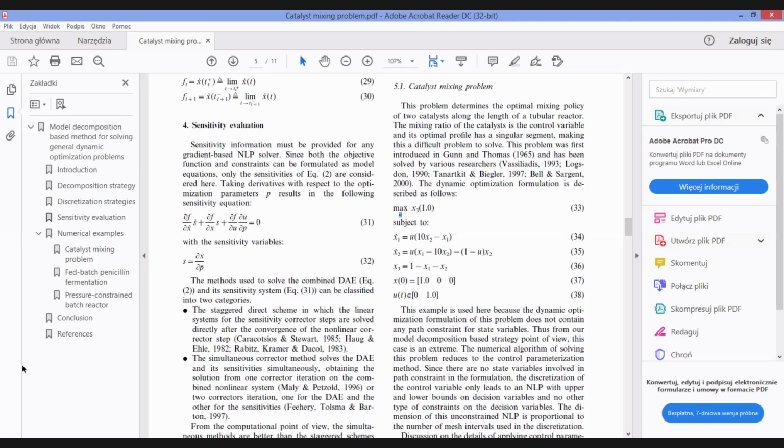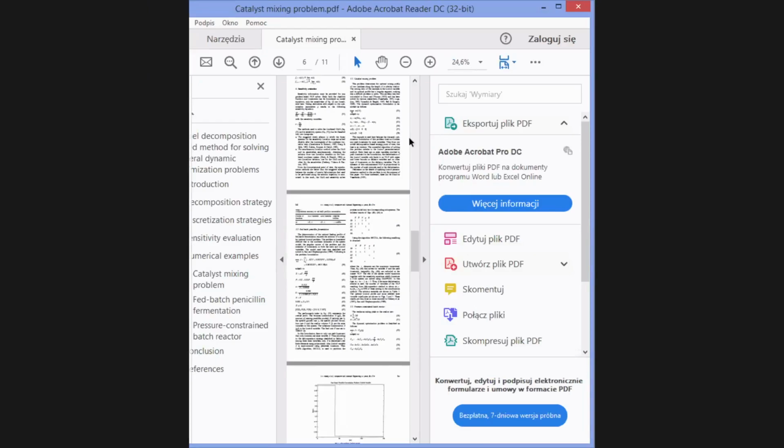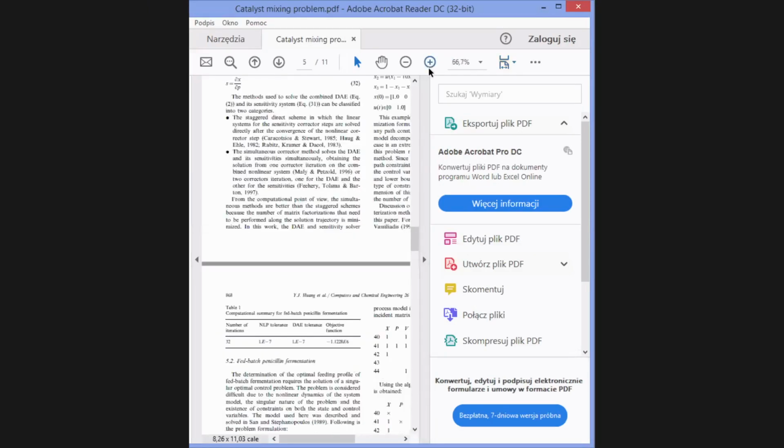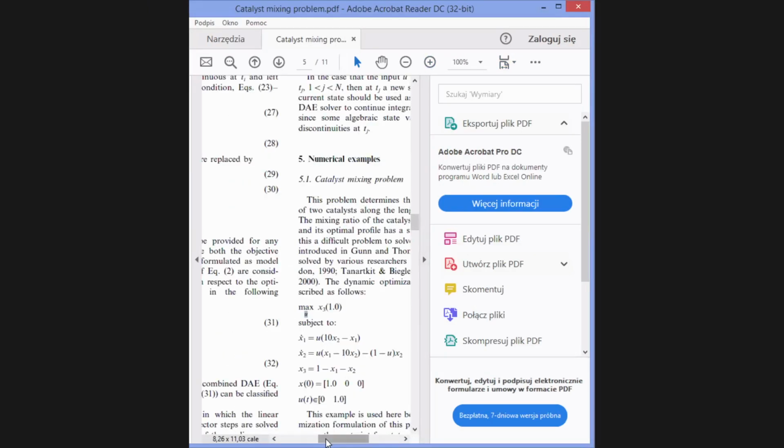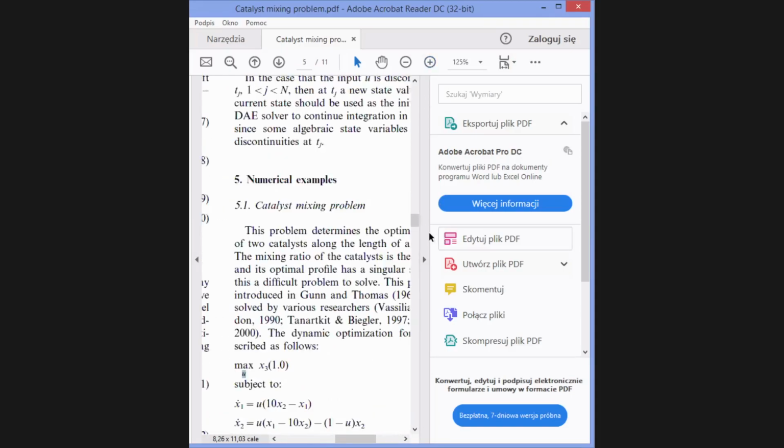So now I would like to make with you a short project of this problem, how to solve this task.